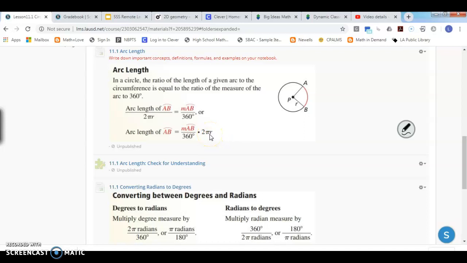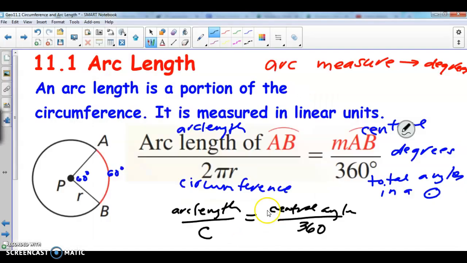So that's another format. The formula will explicitly give you what the arc length is. But for me, I think it's easier to remember it this way: length over circumference is equal to angle over 360. So that whichever quantity you're looking for, whether arc length or the central angle, you could just isolate whatever variable you need.